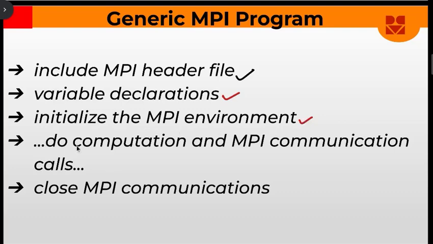And after that, we perform some computation and then use some MPI communication calls, send, receive, and other things. When we are done with the parallel side, then we do what? We close the communication and continue with our code, right? So basically, that's how a generic MPI code, or a parallel code, is, right?